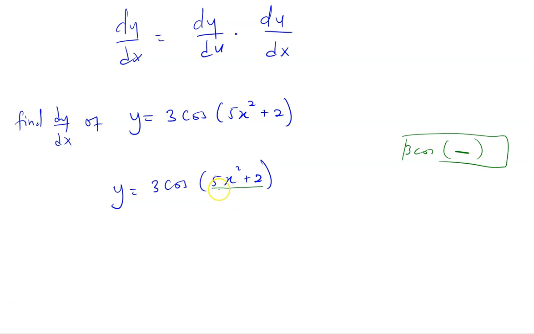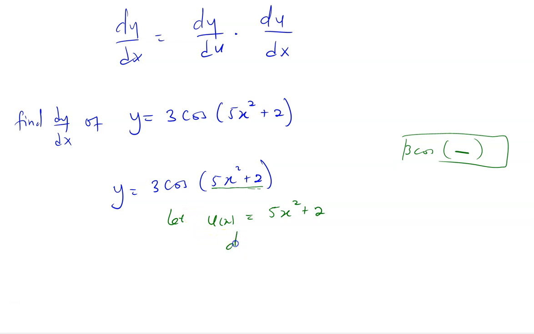We can let the function which is inside here be represented with, let's say, u. So let u of x be equal to 5x^2 + 2.